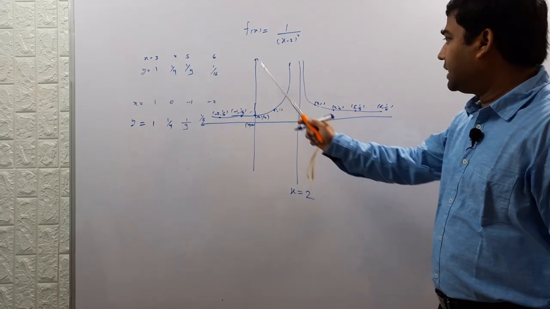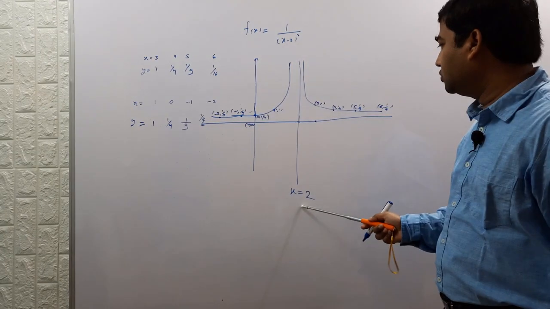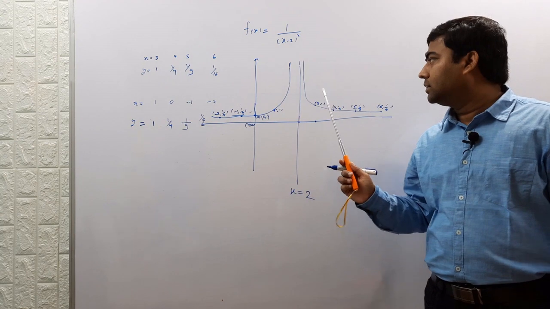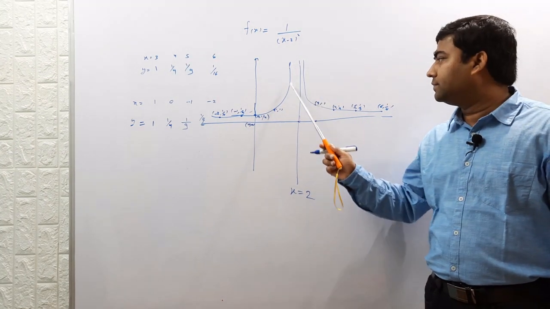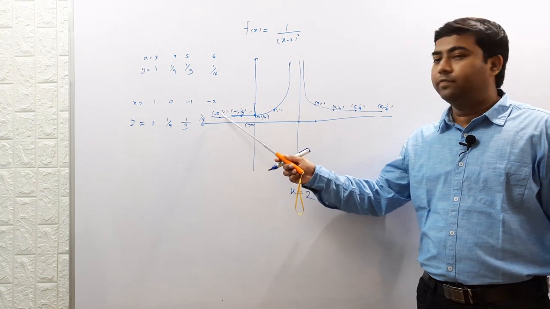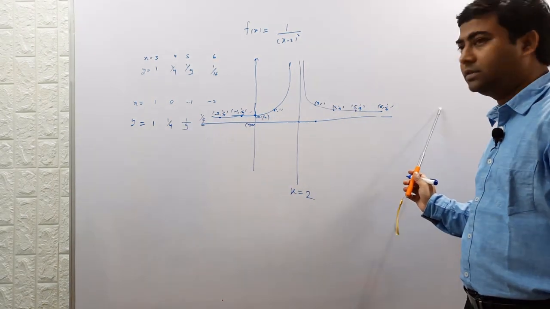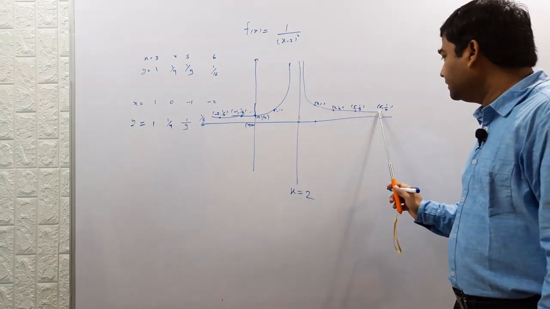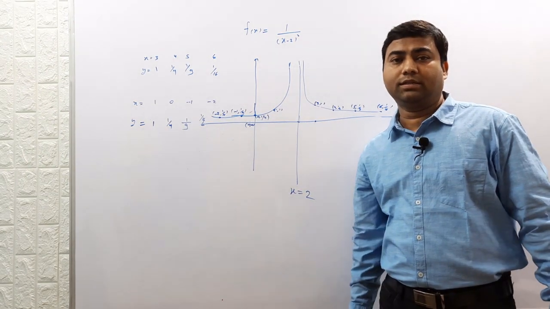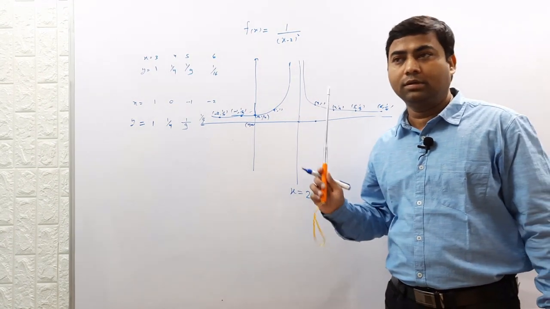As discussed in the earlier graph, these x equal to 2 and the x-axis, y equal to 0, are asymptotes for the curve. This curve will never touch these lines, but the limiting values of x, when x tends to minus infinity and plus infinity, get closer and closer to the x-axis. Hence, the x-axis is an asymptote for this curve.